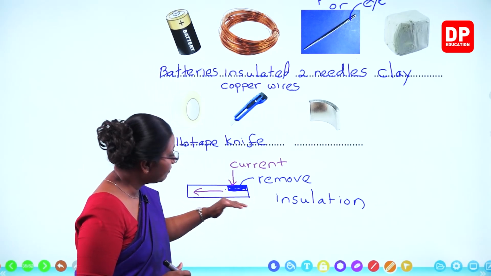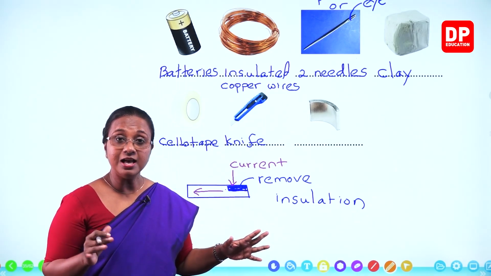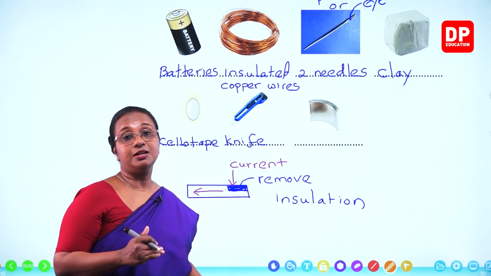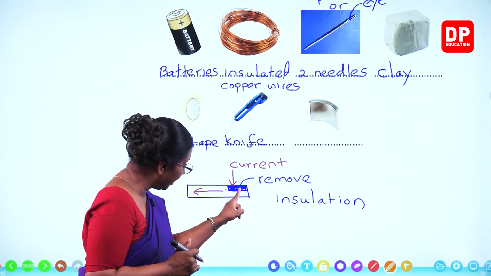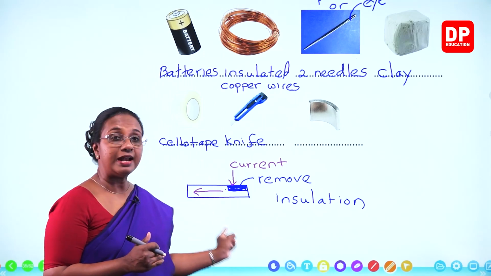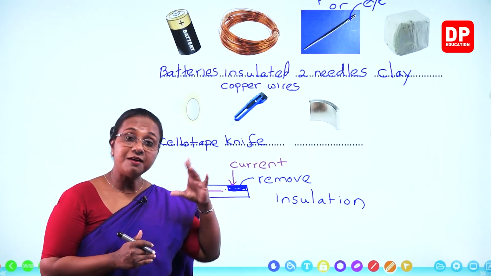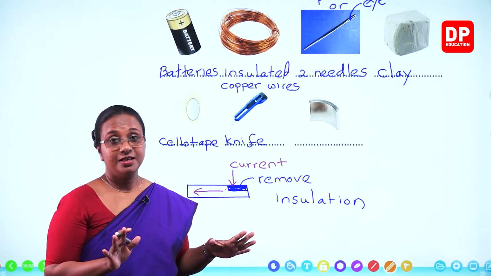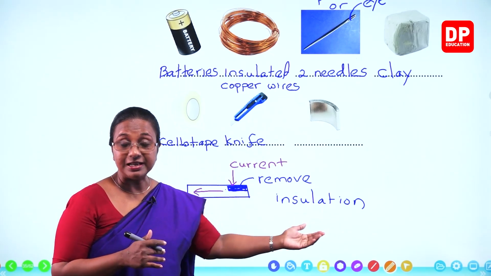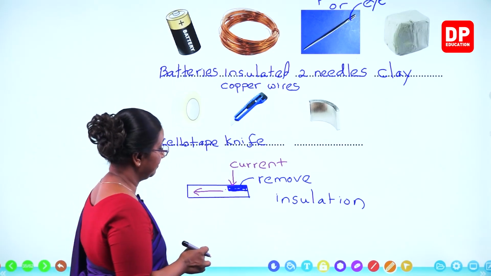Through the other part where the insulation is still there, current cannot enter into the conductor. Once it enters, then through that current will flow. There we need the insulation. Is that clear, students? You will understand this even better when we go to the activity.